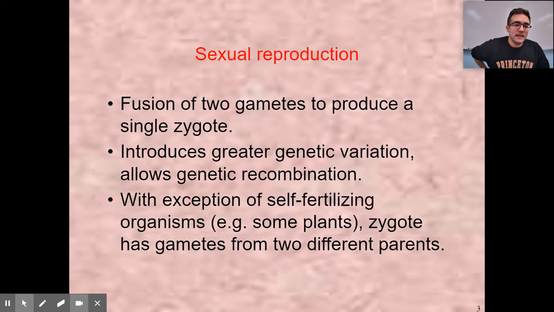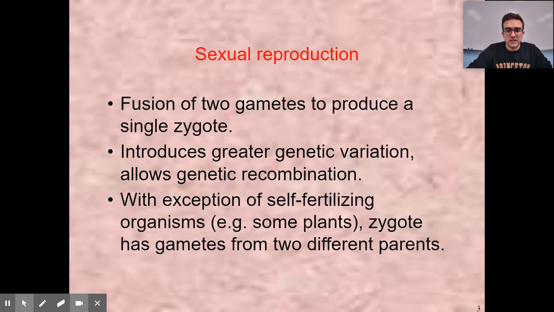So in sexual reproduction, the rest of the multicellular organisms reproduce sexually, which is the fusion of two gametes to produce a thing called a zygote. Usually it's between a sperm and an egg cell that we get a zygote.